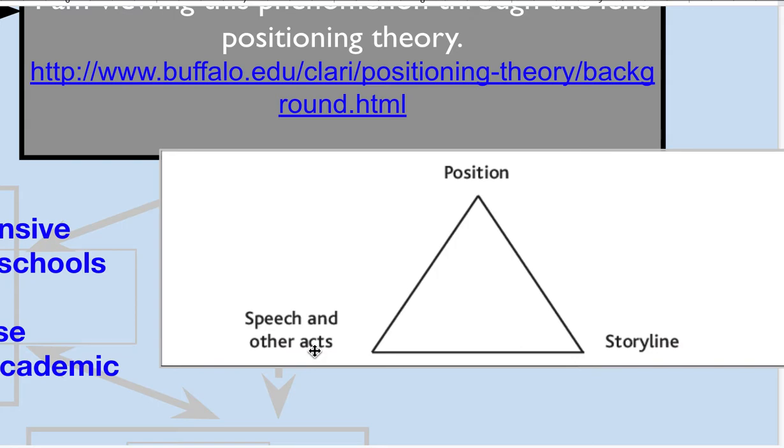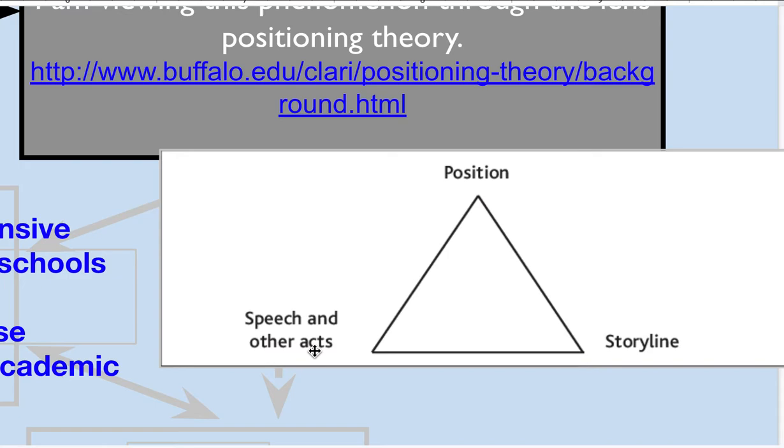Whether it's we're cooking dinner together and everyone's contributing, or mom's making dinner for everybody, or we're doing a reading lesson that doesn't have anything to do with real reading, or we're engaging with books as real readers. So that's storyline. And position is about these temporary and fluid identities that over time can layer on top of each other. Kevin Leander uses this idea of lamination. They laminate over time into a more stable identity.